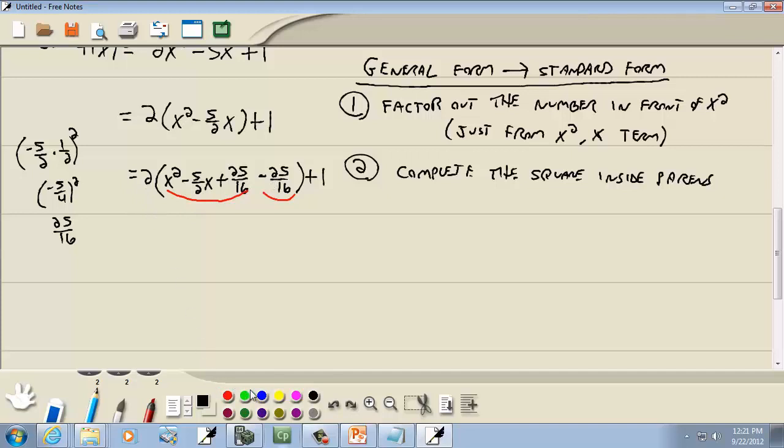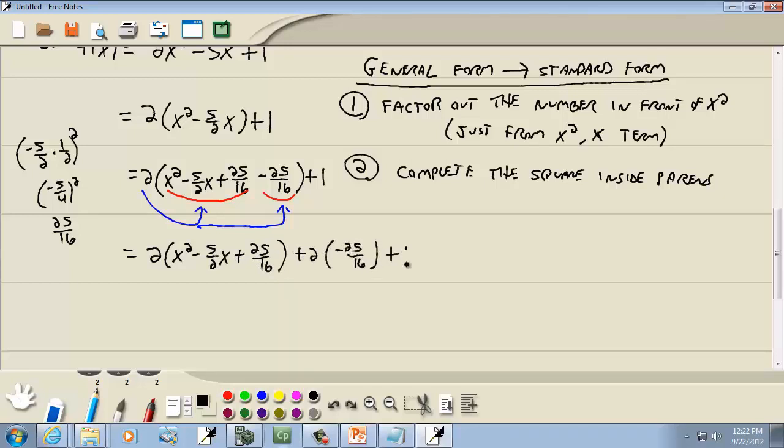And we're going to take this 2, and we're going to multiply it times the first group, and we'll multiply it times the second group. So this gives us 2 times x squared minus 5 halves x plus 25 over 16. And we'll take 2 times negative 25 over 16 plus 1.